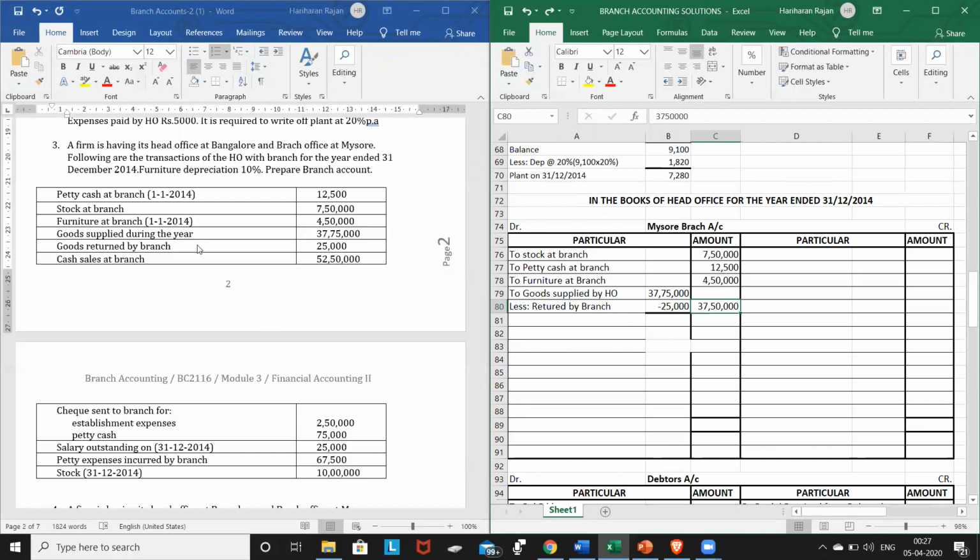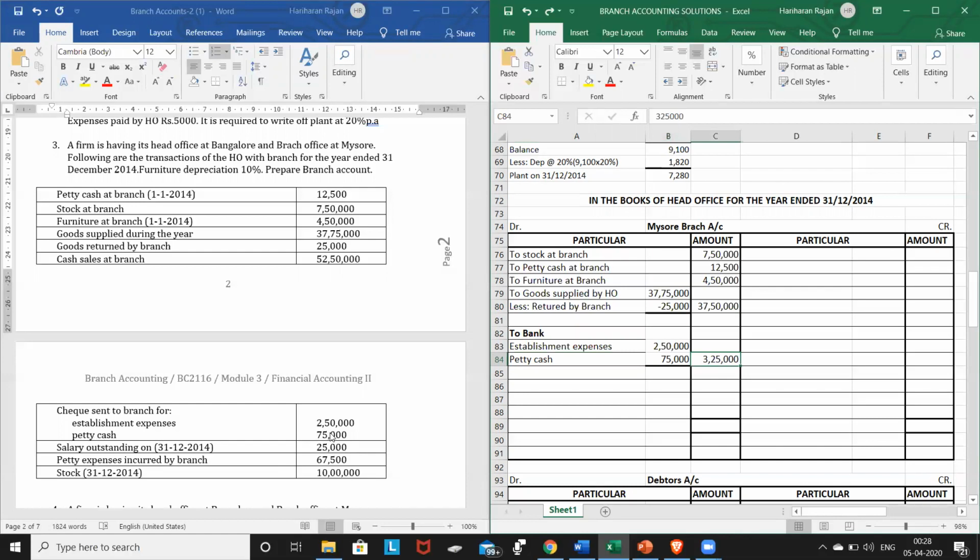So let us look into the closing one. We can do it later. So let us look into the debit side of it. To bank, as you can see, the establishment expenses is given by cheque, and that is 2,50,000. We'll put it in the inner column. What else is there? Petty cash 75,000.